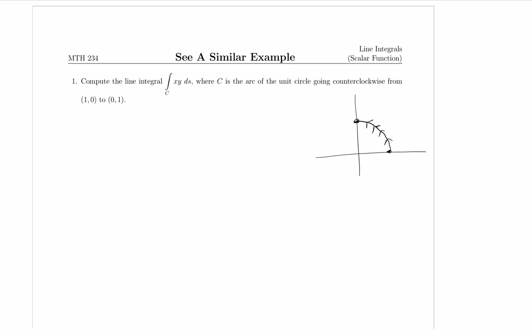First thing we need to do is parameterize it. Since it's a part of the unit circle, we can just parameterize it as cosine t, sine t, where cosine t is x and sine t is y.